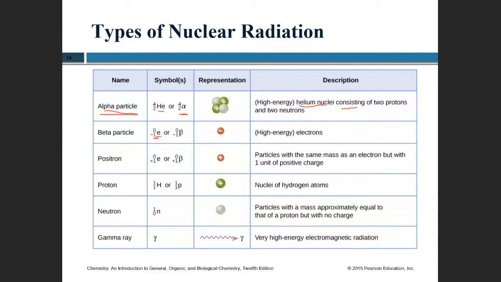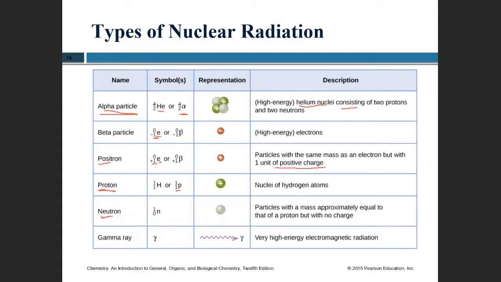The positron is a particle with the same mass as an electron but with 1 unit of positive charge. That's why we represent the positron as an electron symbol, but with a charge of +1. The proton, which we talked about before, is proton 1 1, the nucleus of the hydrogen atom.